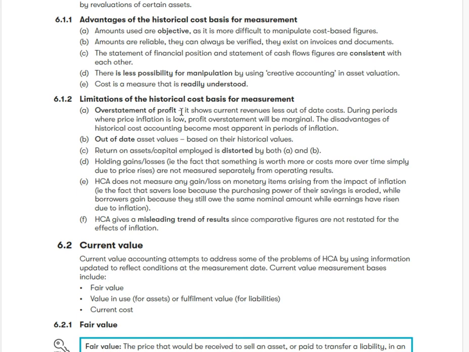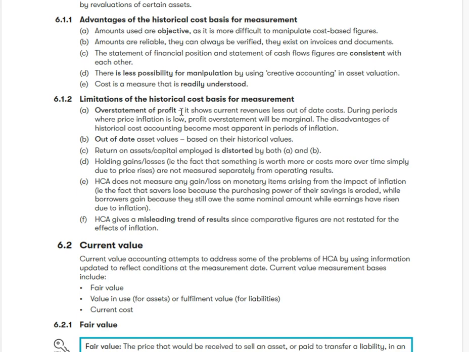So the expenses incurred are historic, whereas the current income is with the current cost. So it is not matching. That is the complaint. And you are overstating the profit because you are lowering the expenses, which are historic. It shows current revenues less out-of-date costs.